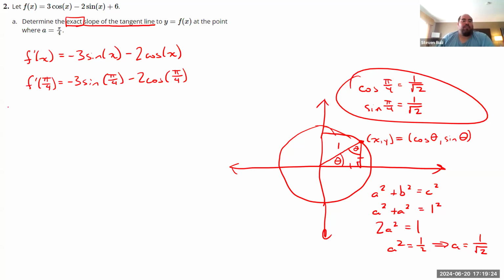Now that we have that information, we can drop these values in: -3 times 1 over radical 2 minus 2 times 1 over radical 2. So all told, the exact slope of the tangent line here is -5 over radical 2.